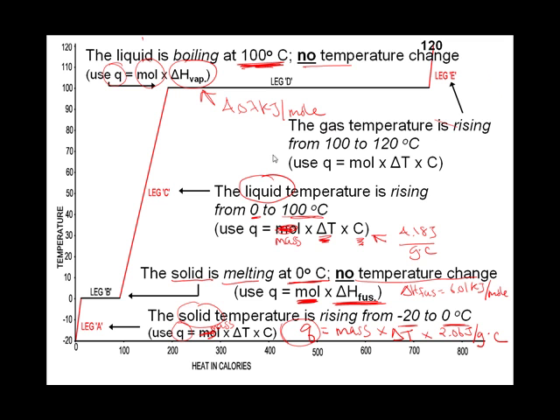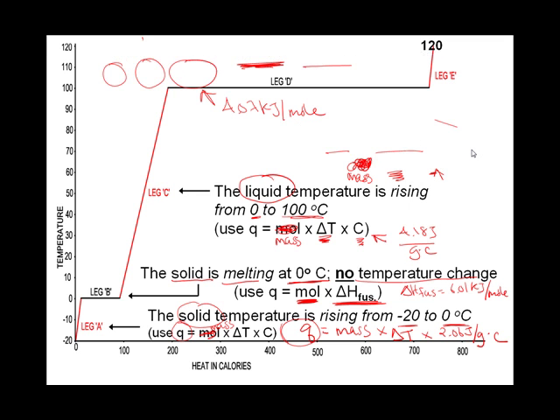Here's my leg E, and the gas temperature is rising again from 100 degrees Celsius to higher. In order to find out how much energy was absorbed in this process, you are going to multiply the mass of the steam times the temperature change of the steam times the specific heat capacity of the steam.